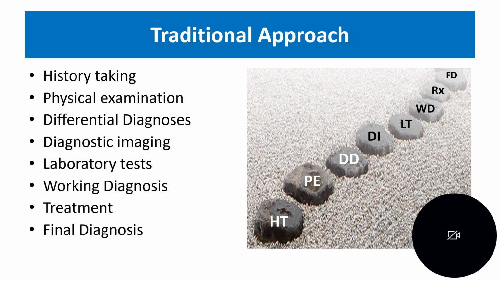History taking, physical examination, come up with a handful of differential diagnoses, diagnostic imaging or lab tests, come up with a working diagnosis. You're going to come up with a treatment plan. If your treatment plan succeeds, then you have a final diagnosis. If your treatment plan does not succeed, then you're going to have to go back and pick number two of your five differential diagnoses.